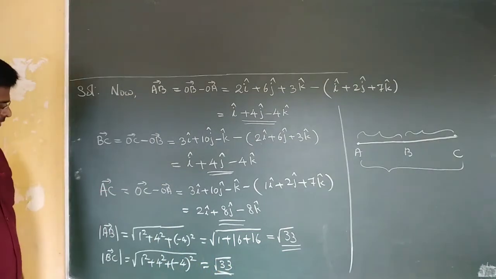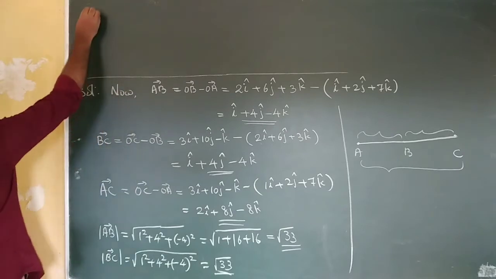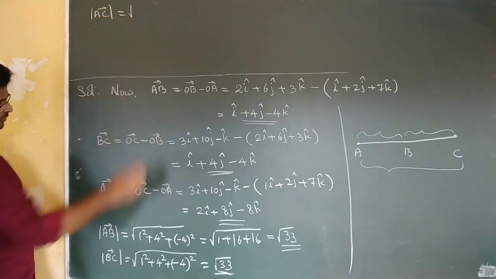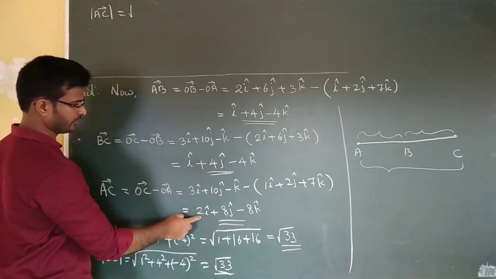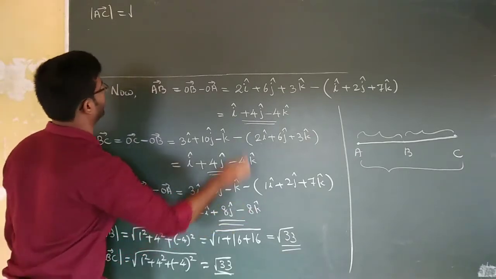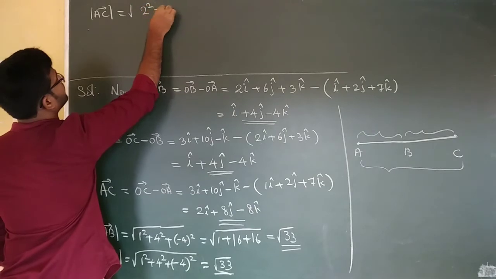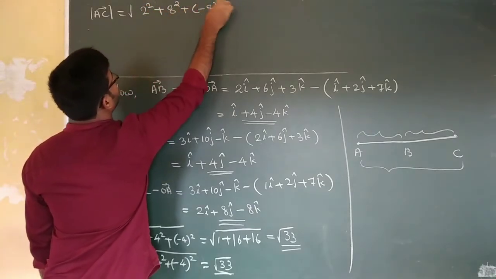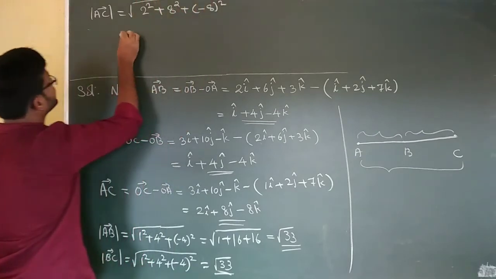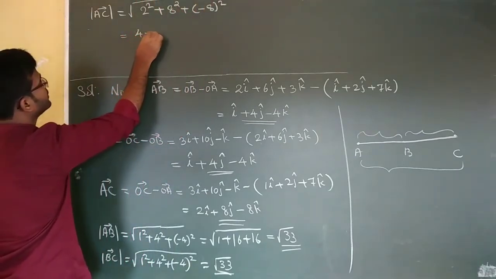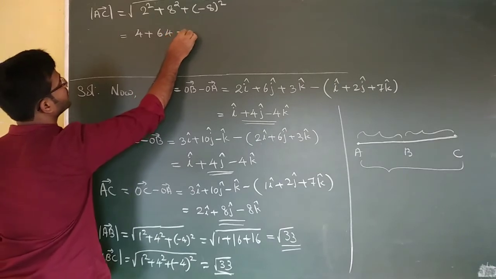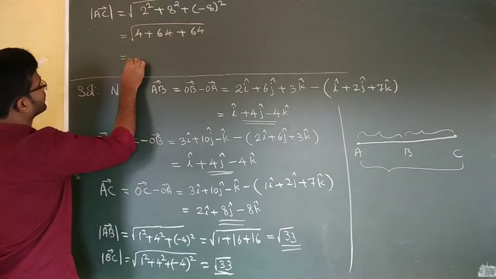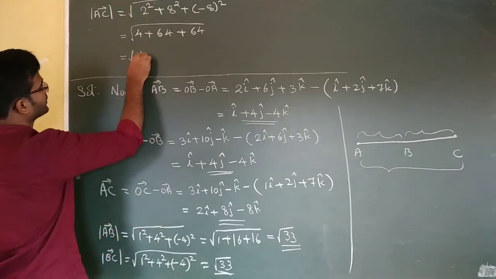Now we can find out the magnitude of AC vector, equal to square root of 2 square plus 8 square plus minus 8 square. 2 square is 4 plus 64 plus 64. 4 is common, so we can take it outside.